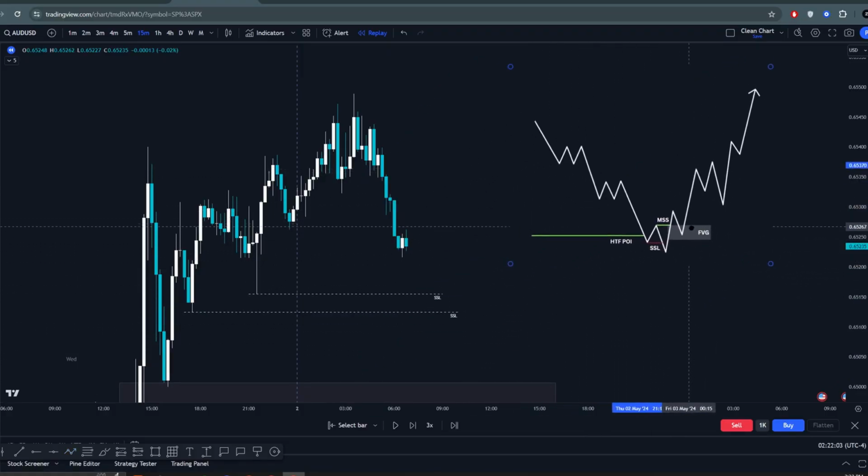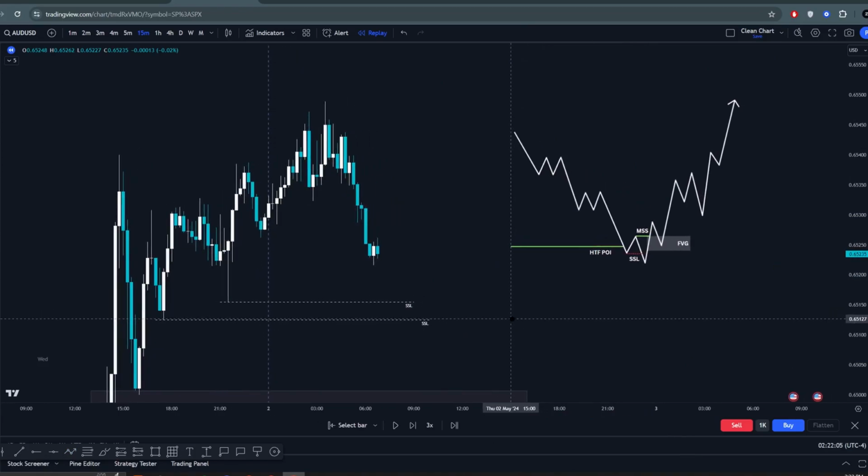This right here is our guide so that you can visually see what we are looking for. We are looking for the price going lower, reaching to a higher time frame point of interest and taking out a liquidity. Going into the lower time frame, we should look for a market structure shift and a fair value gap.